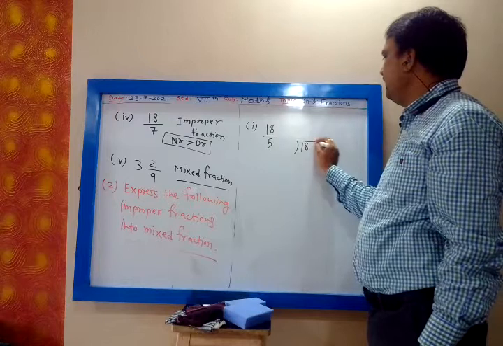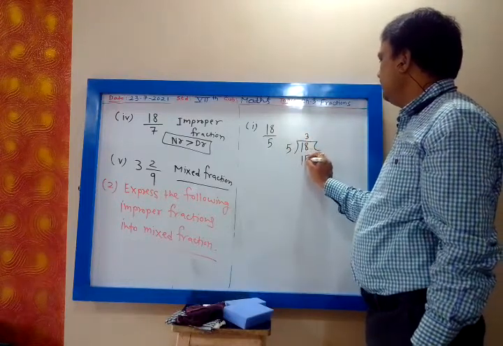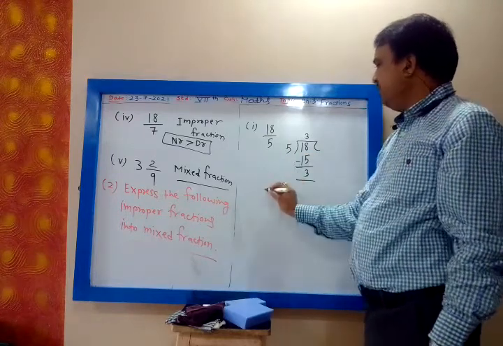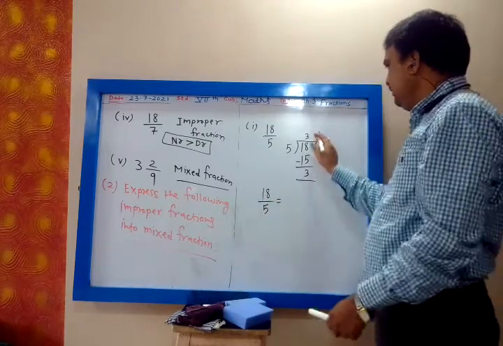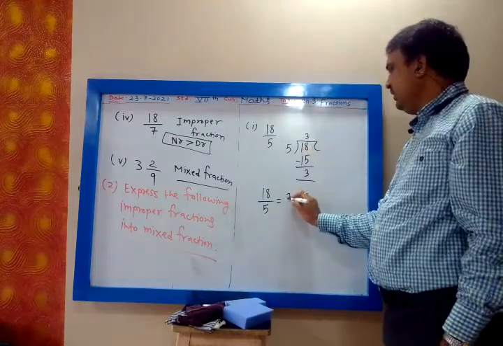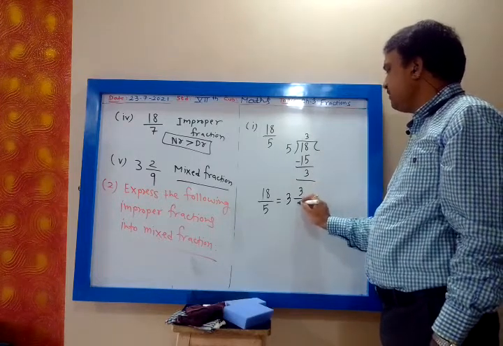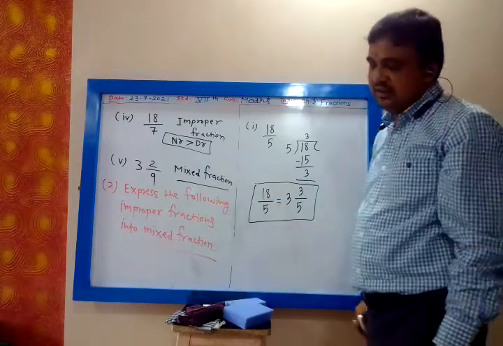Divide 18 by 5. 5 3s are 15. Then 3 is left. So for 18 upon 5, the quotient is 3, and the remainder goes up: 3 is to 3 by 5.